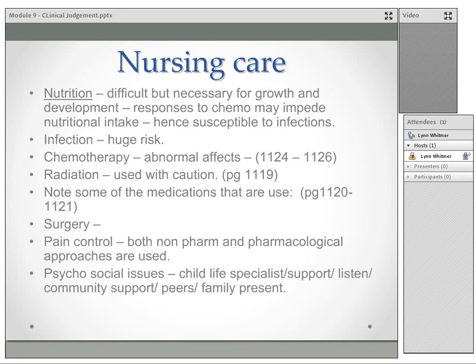Usually for children over the age of 5, they can use a PCA so they can control their own pain management. We know that children with chronic illness versus children with acute illness may have different pain management requirements. Cognitively impaired children may not be able to express it as easily. We want to ensure that we're using the right tool so that we can communicate very clearly about what their pain level is.